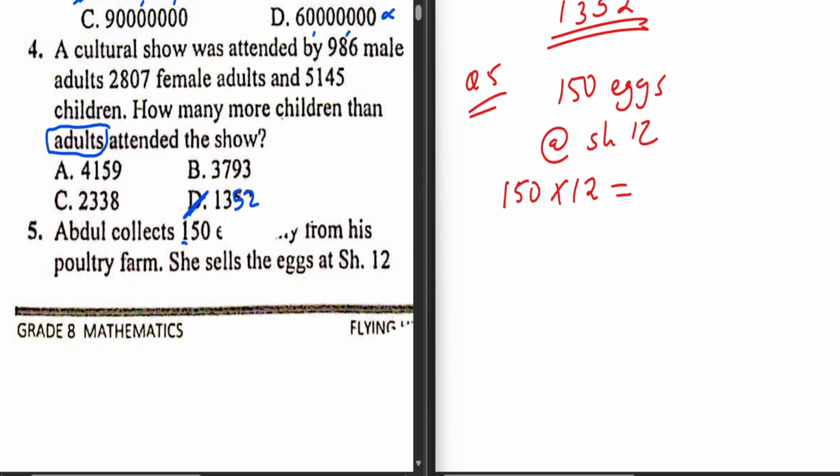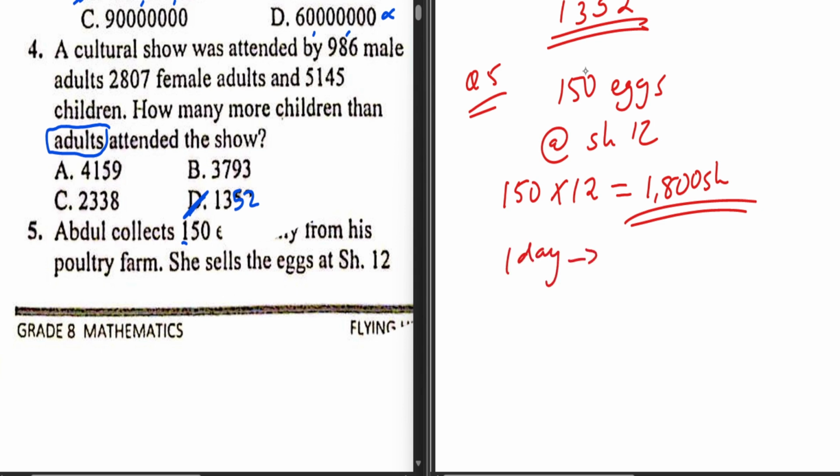I think it's 150 eggs per day. Not sure, but let's assume it's like that. 150 times 12 gives you 1,800. So per day she gets 1,800 shillings. That is for one day, because she collects 150 eggs in a day.